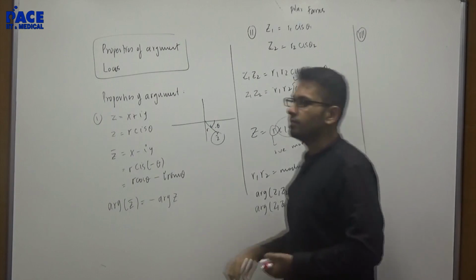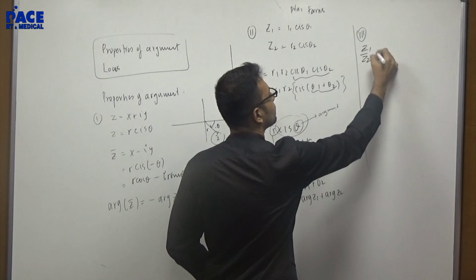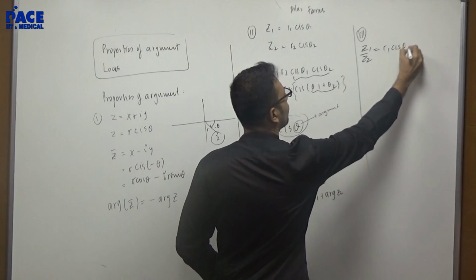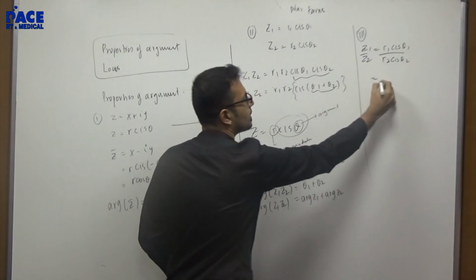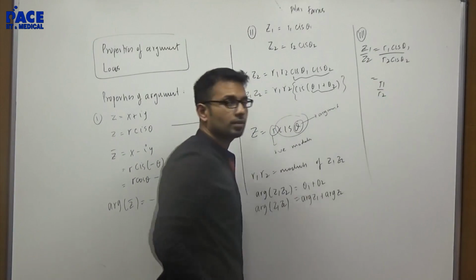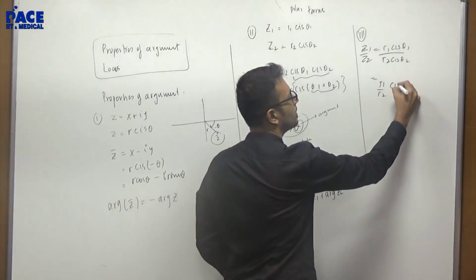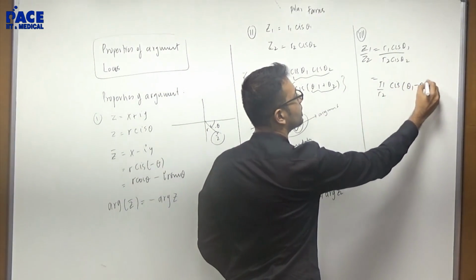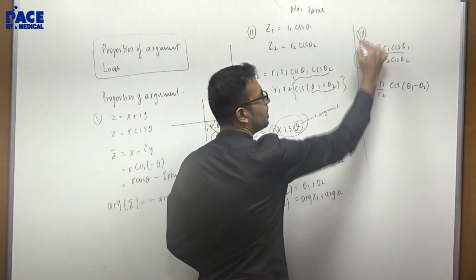Okay? Third property, which is actually very simple, which comes from here only. Z1 by Z2 would be two complex numbers in the polar form. So this is R1 upon R2 times cis theta 1 by cis theta 2 would be cis of theta 1 minus theta 2. So what is the argument of this?